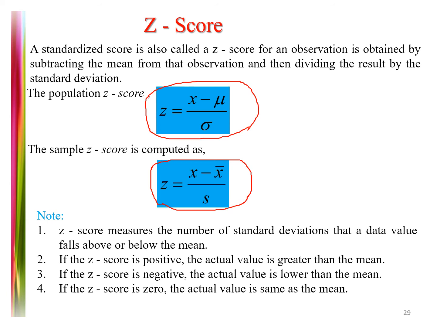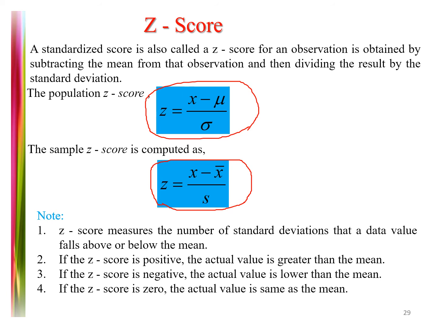That means individual observation minus the sample mean, divided by the sample standard deviation. In this case, the Z-score measures the number of standard deviations that the data value is below the mean or above the mean. In some situations x bar is greater than the individual observation, in some situations x bar is less than the individual observation, and in some situations they are equal. So we have three different categories.